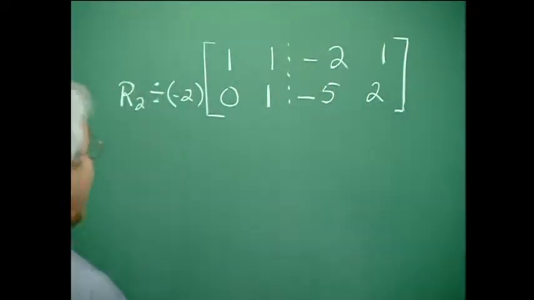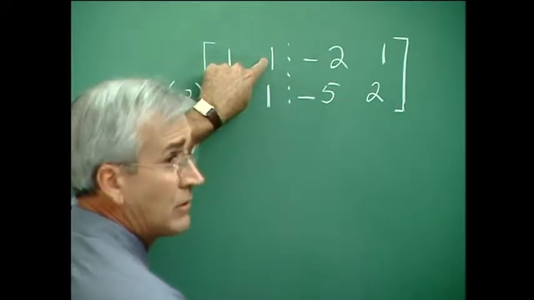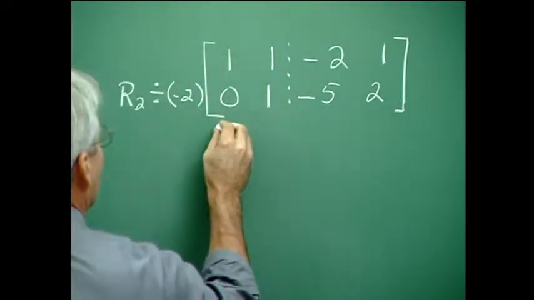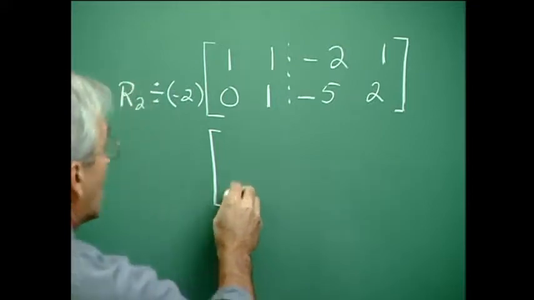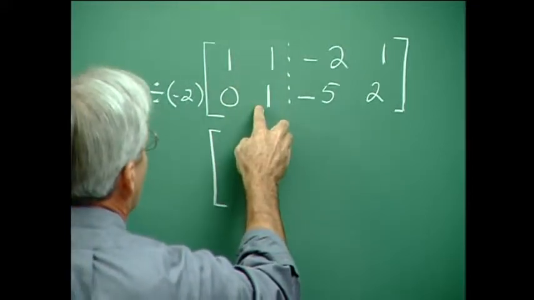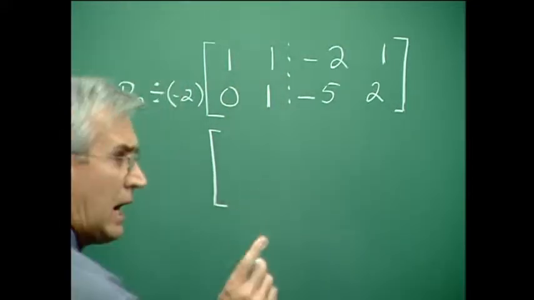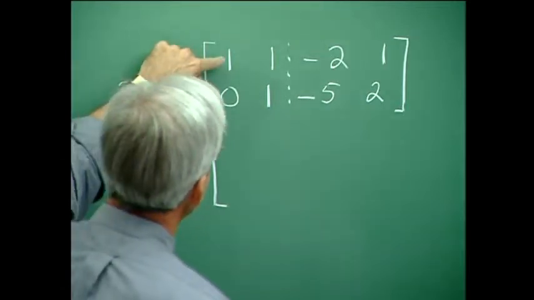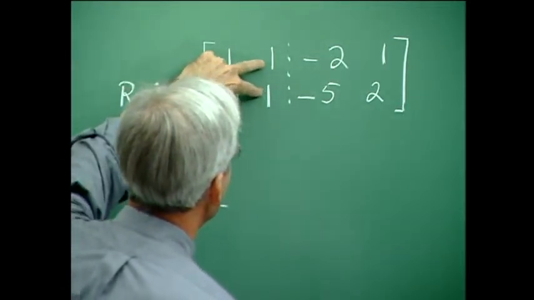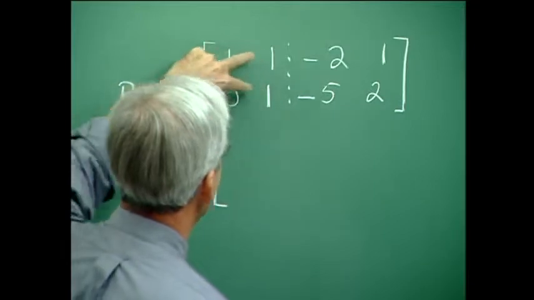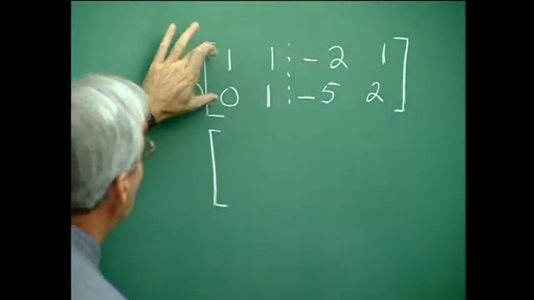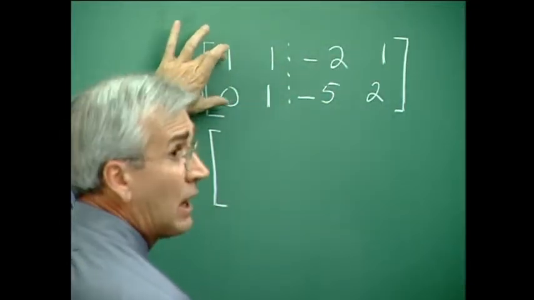Now, the last thing I need to do is cause that rascal to be a 0, and to do that, I'll play these two off of one another. I have to be a little careful about this because whatever operation I do right here, I have to do throughout the two rows, and I don't want to mess this arrangement up, you see.